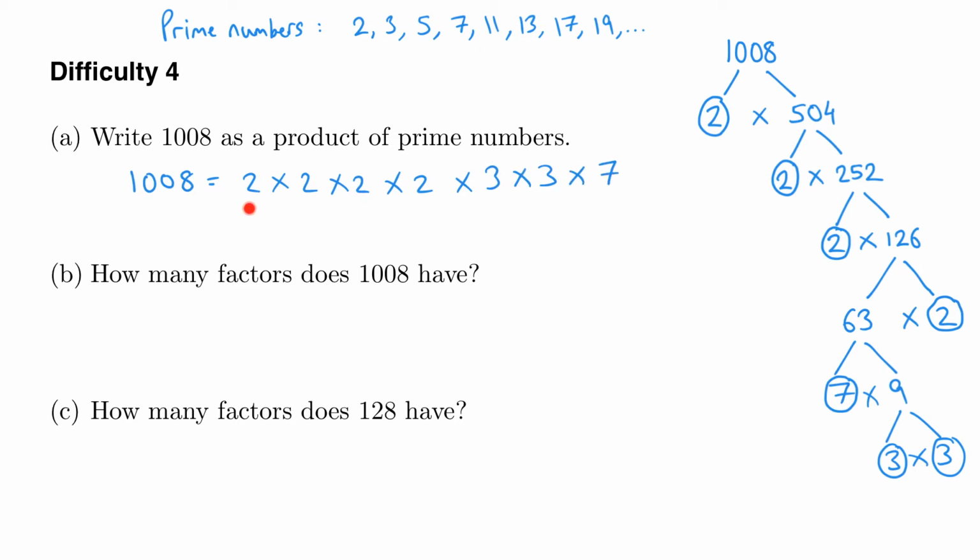Now, you don't have to write them in this order, but it's often easiest to write them in order of size. So you'll notice I wrote down all the 2's first, then the 3's, and then the 7 last. I can write this a little bit more simply by using indices. What I've actually got here is 2 to the power of 4 times 3 to the power of 2 times 7.